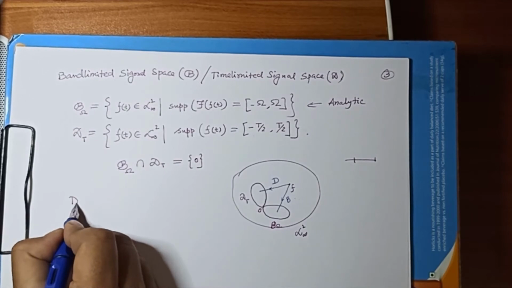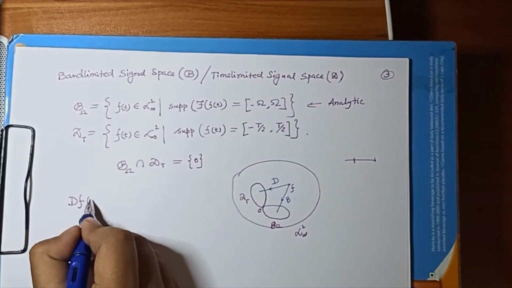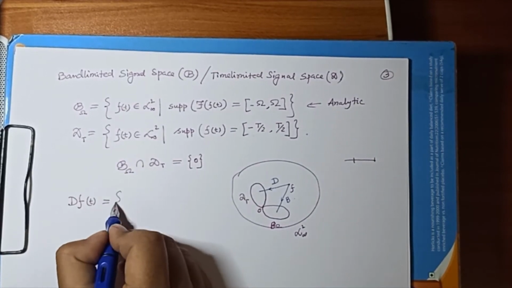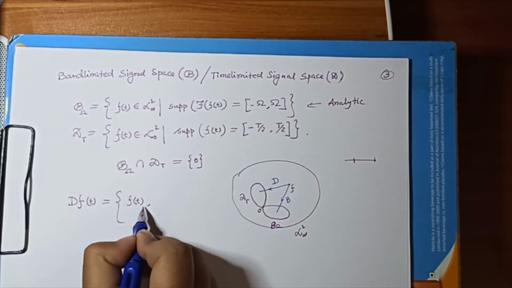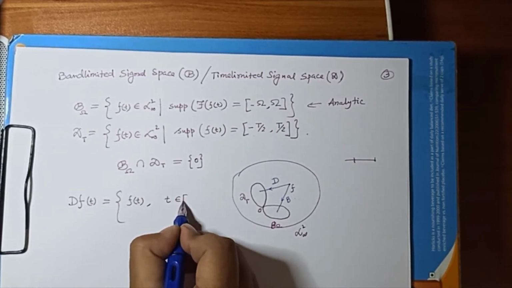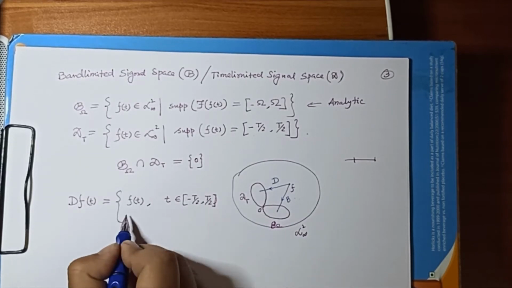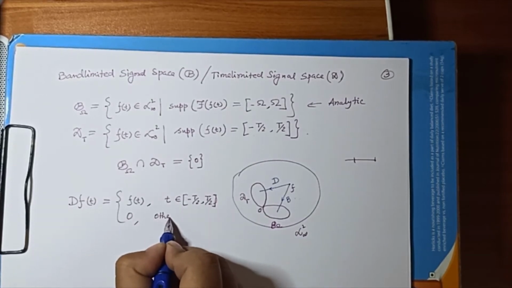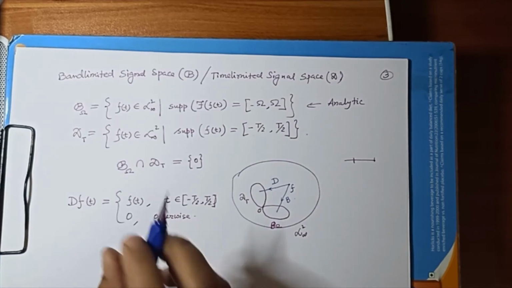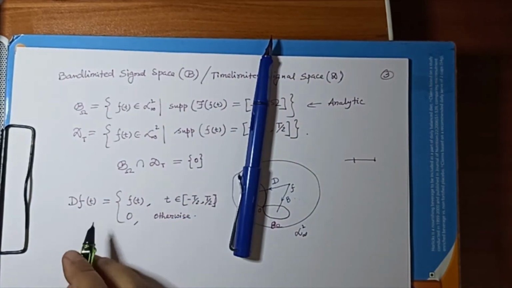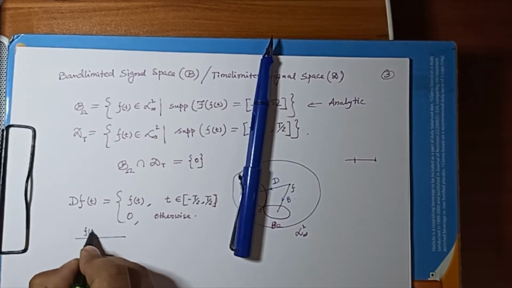D on any f(t) is basically f(t) when t belongs to this minus T by 2 to T by 2 range and 0 otherwise. So what is this circuit operation? Your f(t) signal is coming from here.